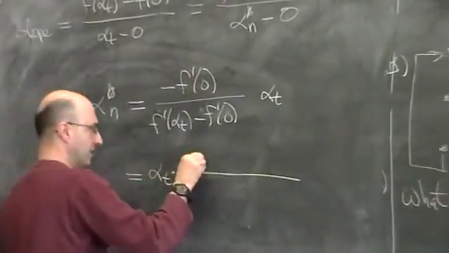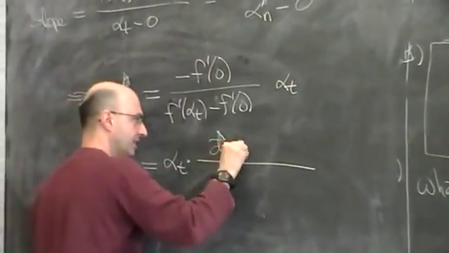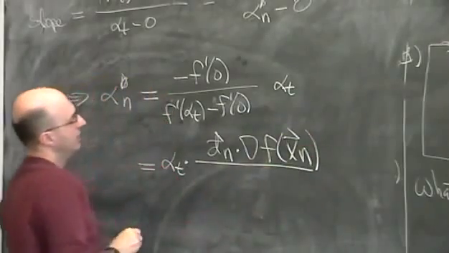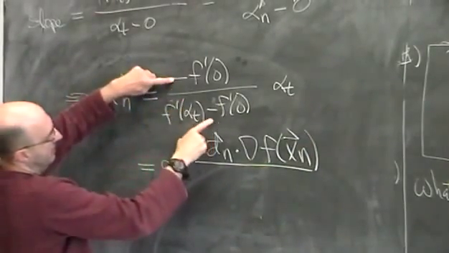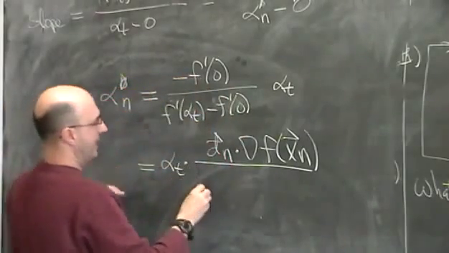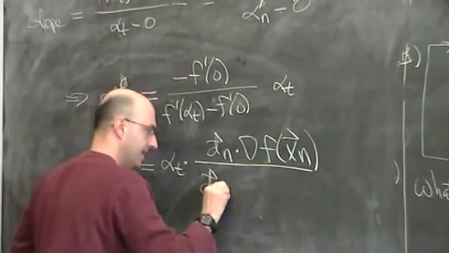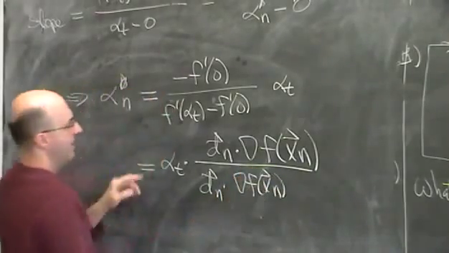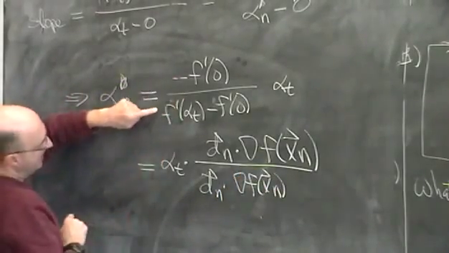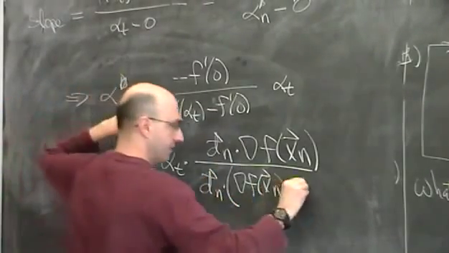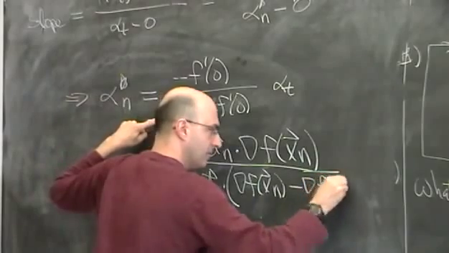Okay, f prime at 0 was the search direction dotted with the gradient at the starting point. That minus sign I'll combine with this one. So f prime of 0 again is dn dot grad f at the starting point, and then minus, because I pulled the minus sign down, the trial derivative, which of course is dn dot the gradient at the trial point, x trial.